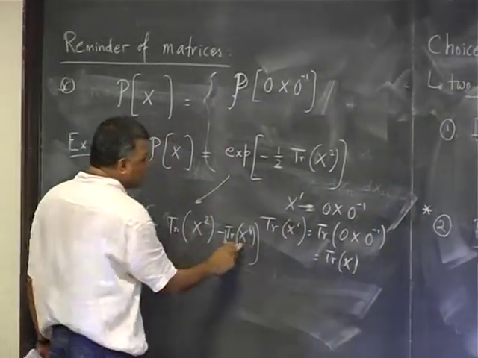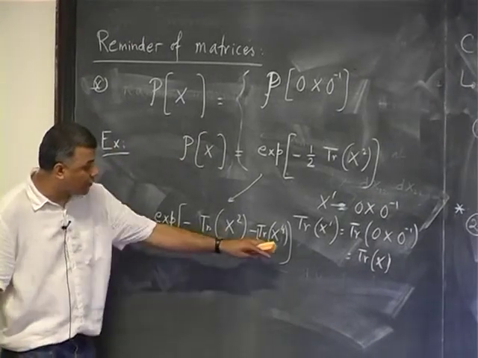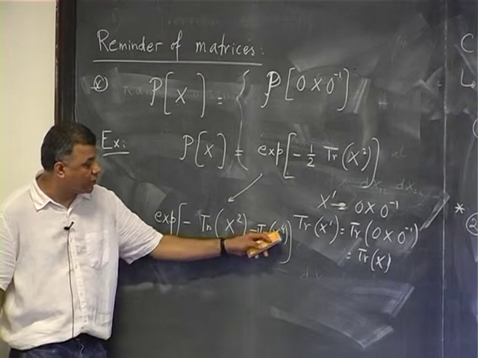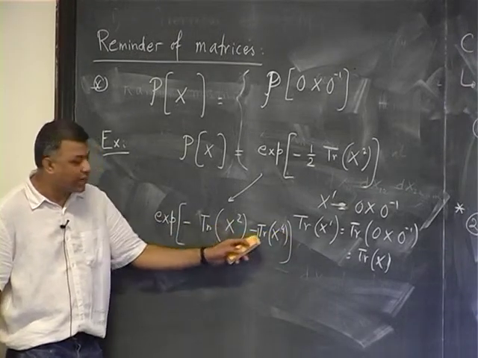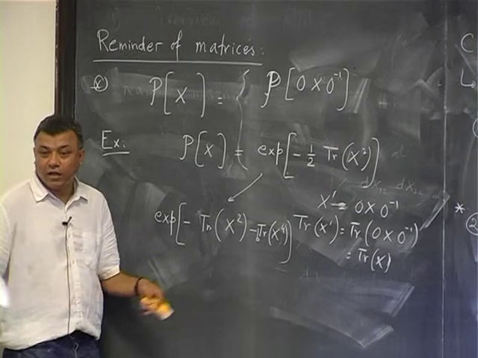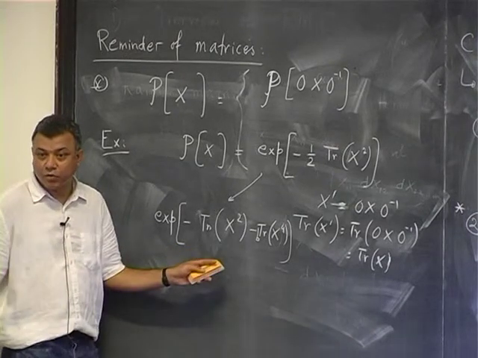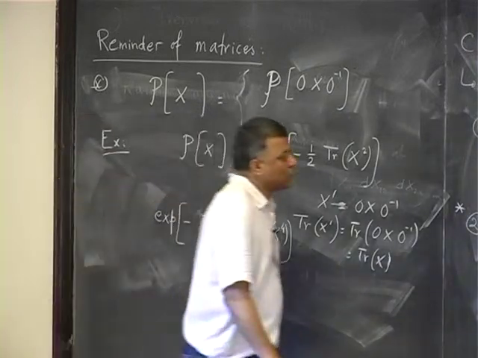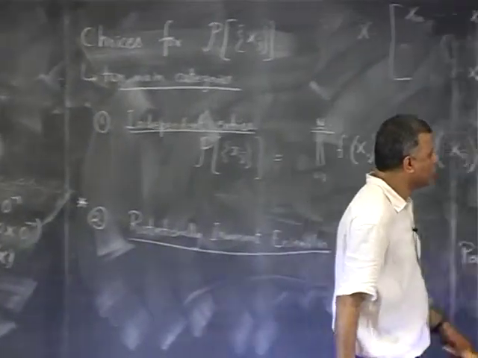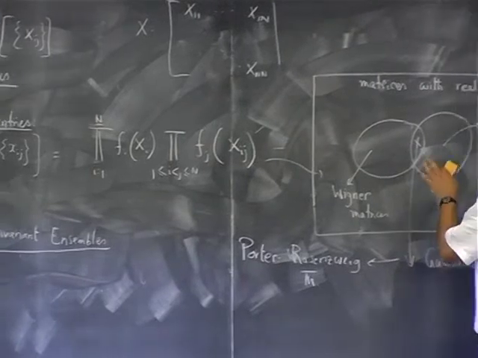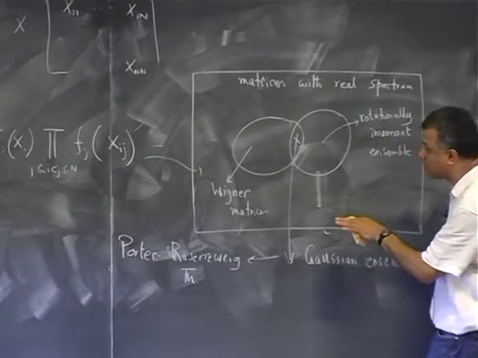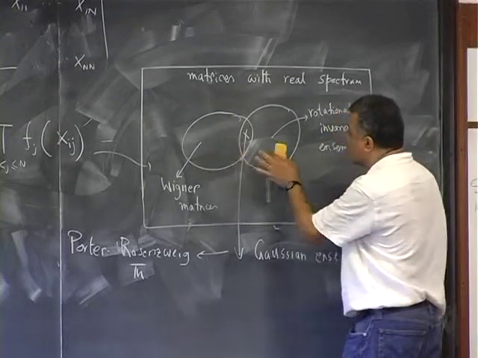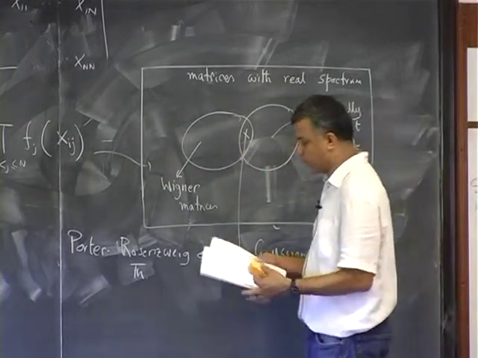For example, if I add this trace of x fourth, this is rotationally invariant. But if you write out the trace of x fourth in terms of the entries, you will see that the xij's are horribly correlated. You cannot factorize them anymore. It turns out the Gaussian is the only example. So you see that the Gaussian ensemble plays a very special role, and that's the reason why it has been studied so widely, because it's both an independent entries as well as a rotationally invariant ensemble.